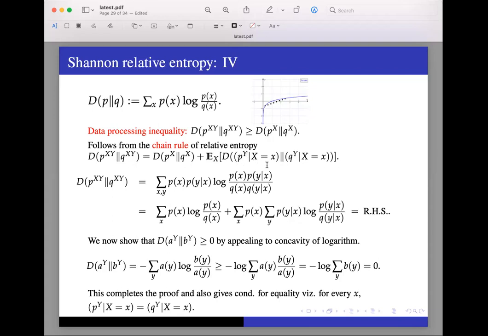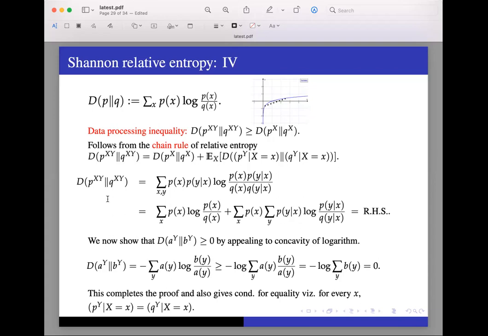P of Y given X equal to little x means fix the first coordinate to little x, and now look at the conditional distribution on the symbols Y. You can do this for P, you can do this for Q. You can look at the relative entropy between them, and then you can take the expectation of this quantity as the little x is chosen according to the marginal PX. So this is the second term, and the sum of these two happens to be this.